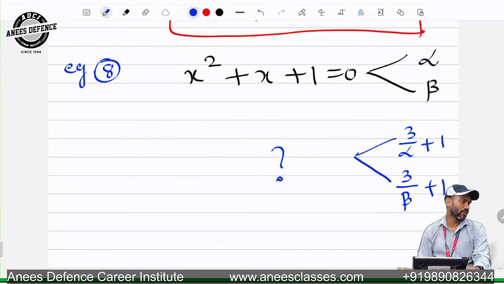Three transformations are there. You can see clearly. First, 1 by alpha, 1 by beta. Then we have to multiply by 3, which means we have to divide by 3. And then we have to add 1, which means we have to subtract 1. Just try. Three transformations are there.